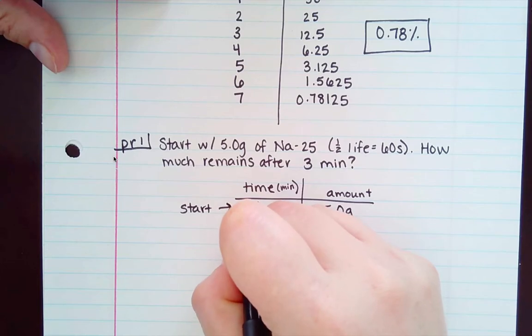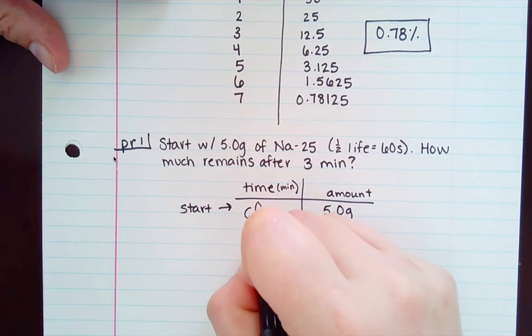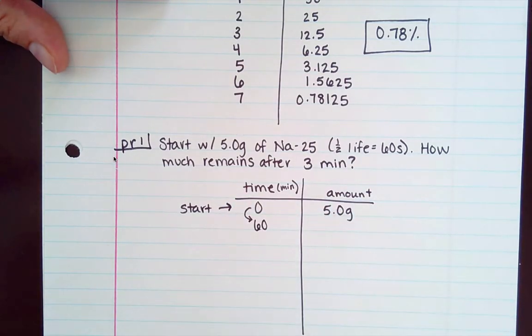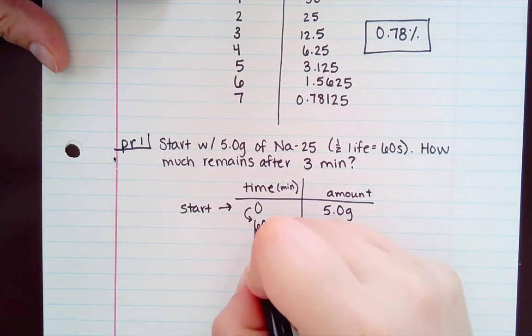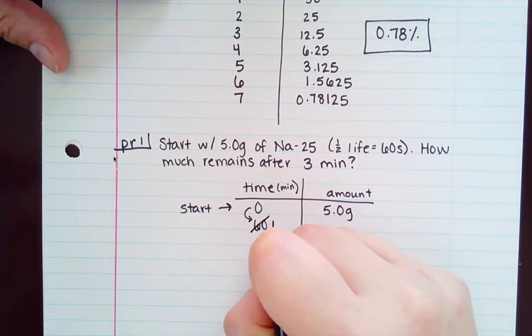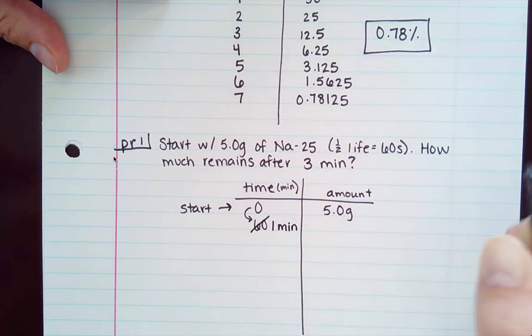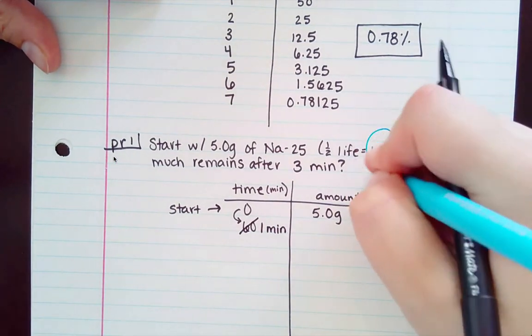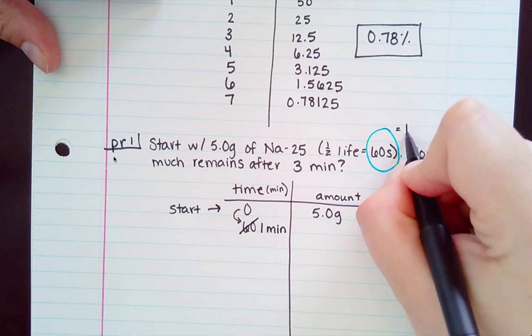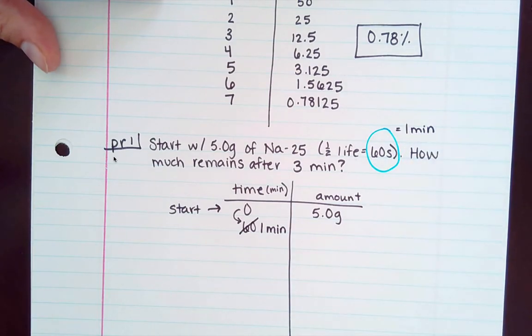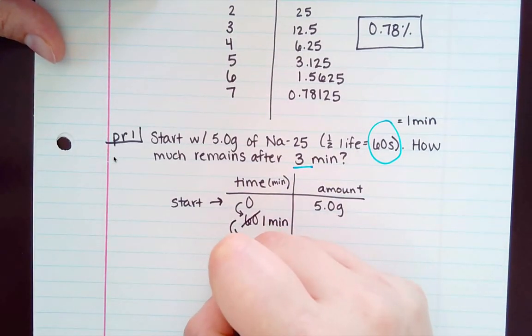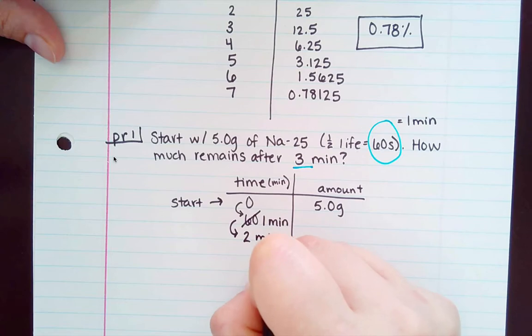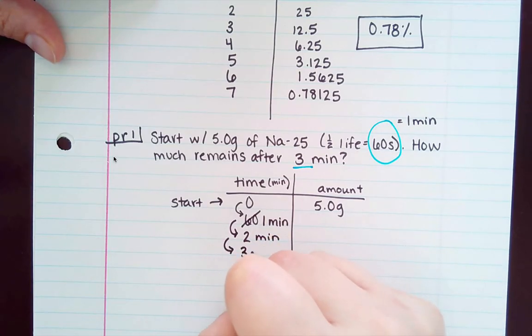So if 1 half-life goes by, you're at 60 seconds, which is 1 minute if we're talking in minutes. So that's kind of an easy thing. And you've got to work your way up to 3 minutes. If another half-life goes by, you're at 2 minutes. And another one goes by, you're at 3 minutes.